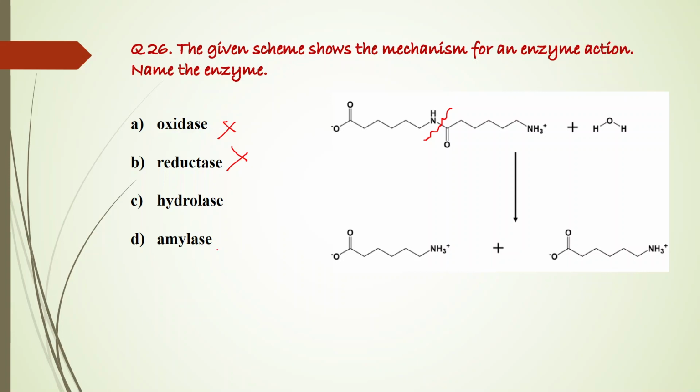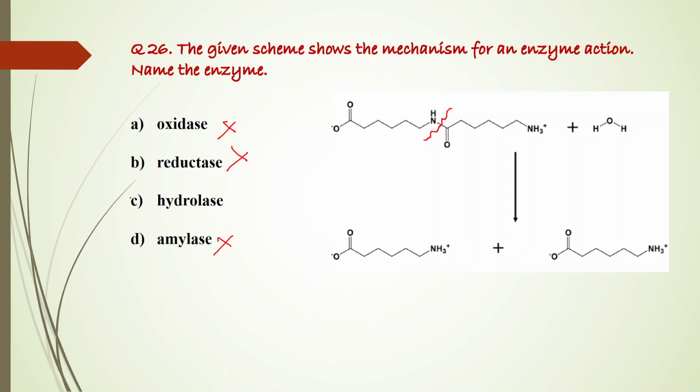The fourth option says amylase. Amylase is involved in the cleavage of glycosidic bonds, right? Do you see any glycosidic bonds here, as present in sugars? These are not sugar moieties, so amylase will not act upon them.